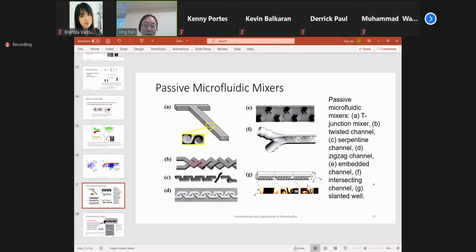So basically, if we look at this channel, I didn't show the inlet. It's like a Y-shaped junction at the inlet, and then they mix at one junction. Let's assume it's the first junction, and then the stream splits into 2 streams.